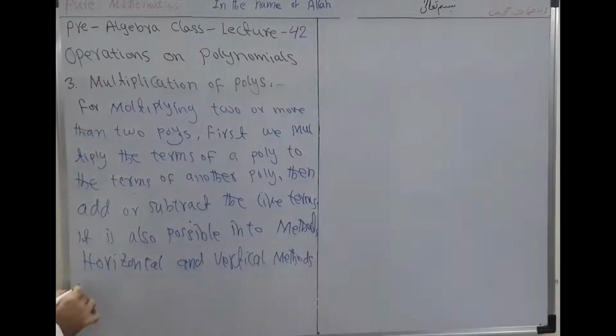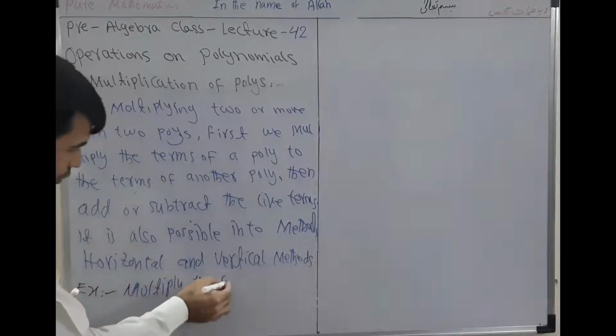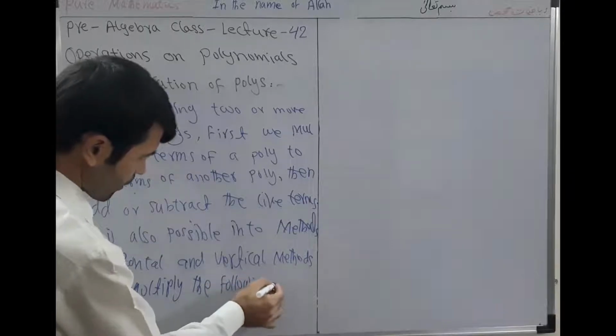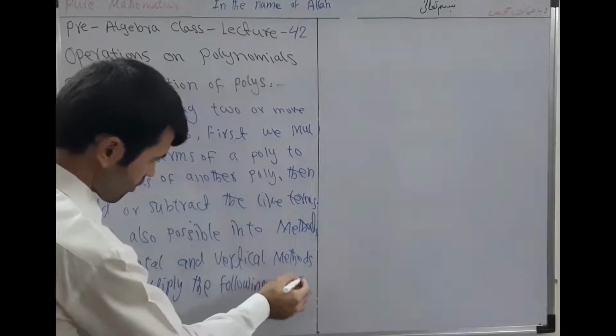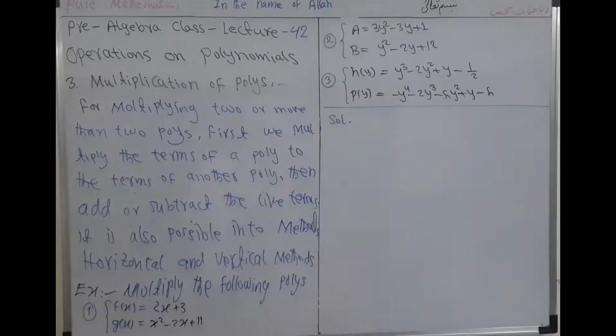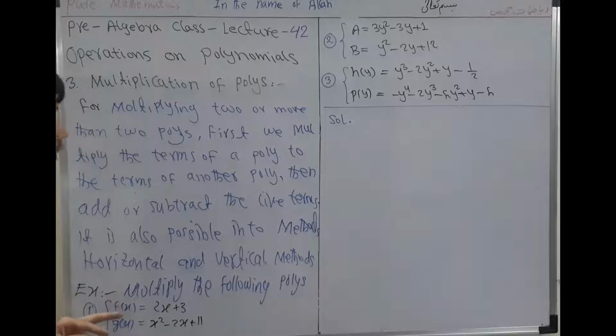Example: multiply the following polynomials. Number 1, here are three questions we want to solve.